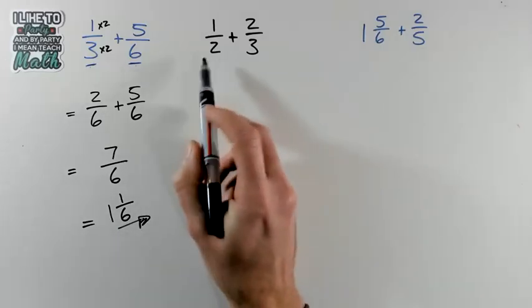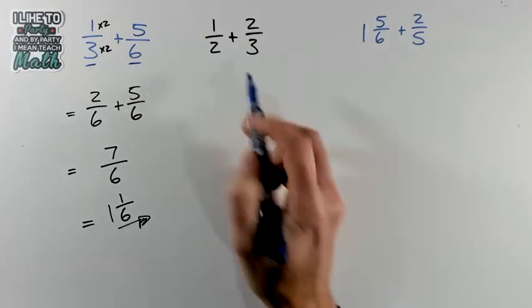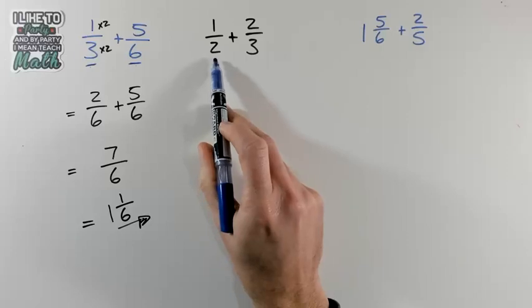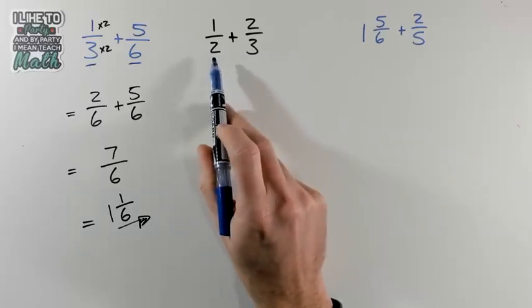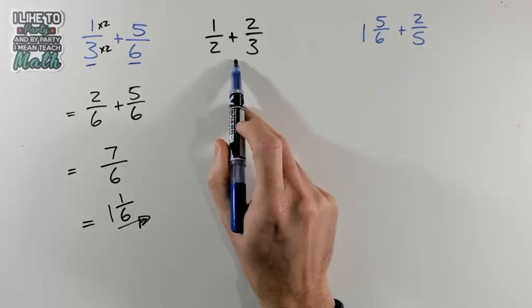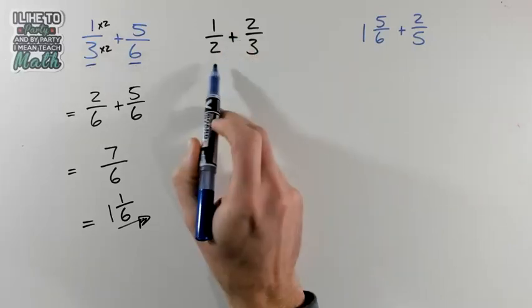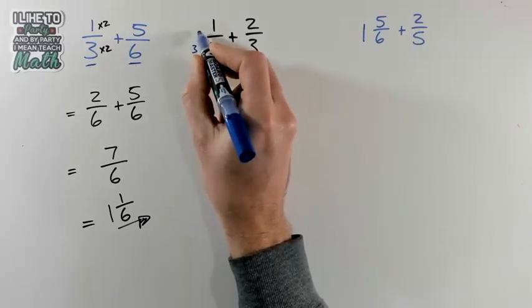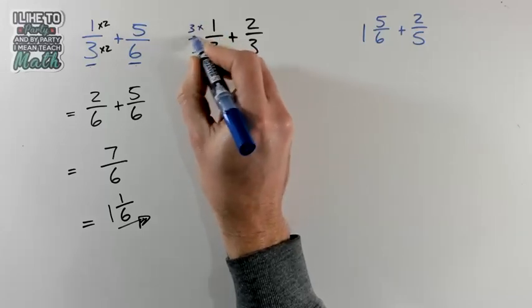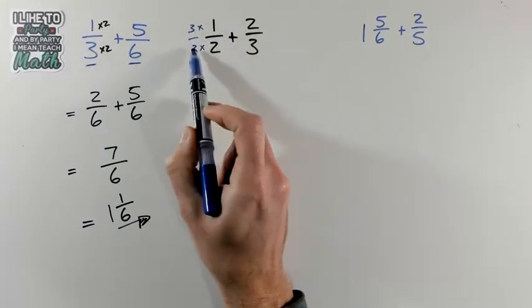Okay. For the next one, a half and a third. The lowest common multiple of 2 and 3, we just get by multiplying 2 and 3, and that's going to be 6 again. So in order to get to a 6, we'll have to take this 2 and multiply it by 3. Now I multiply top and bottom by the same number because 3 over 3 is 1.